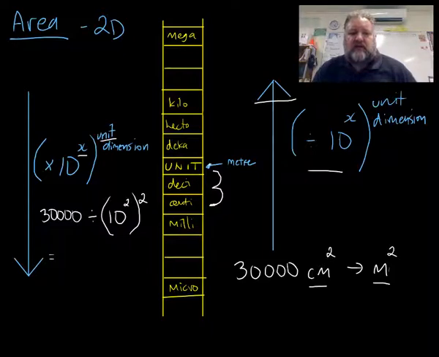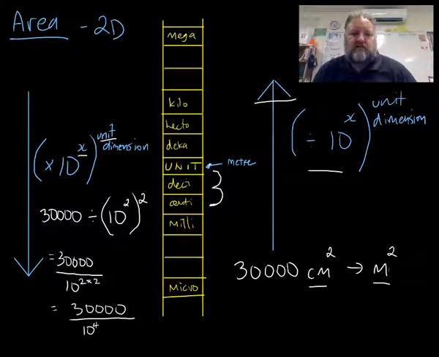So 30,000 divided by 10 to the power of 2 times 2, which will be equal to 30,000 divided by 10 to the power of 4.